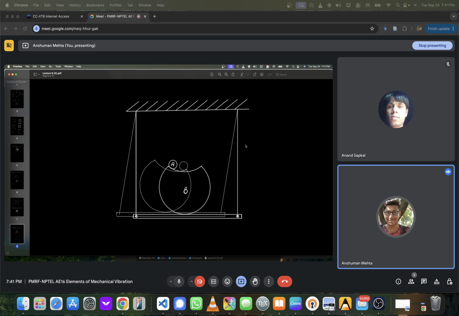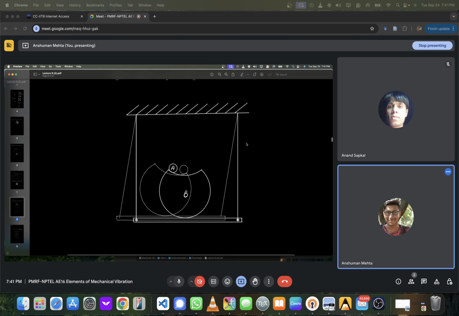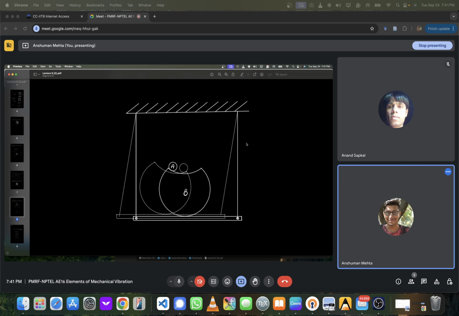Okay, so there is a jhula and it can swing sideways. This can go like this and that side also.